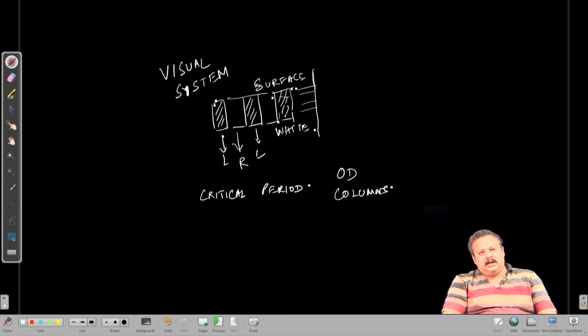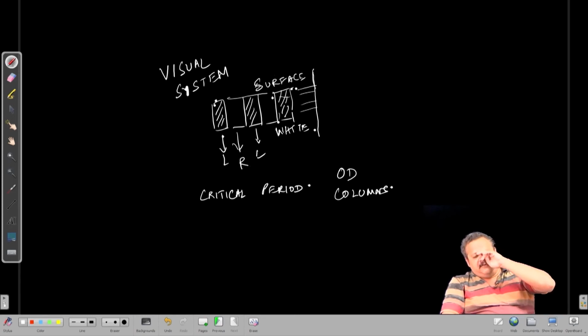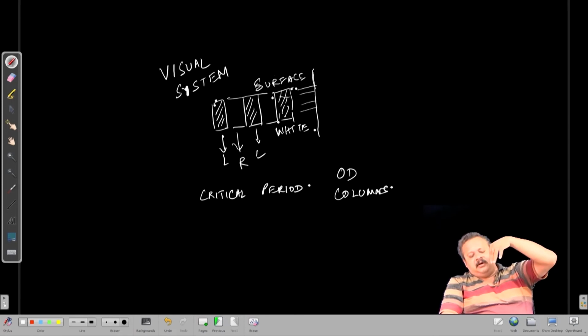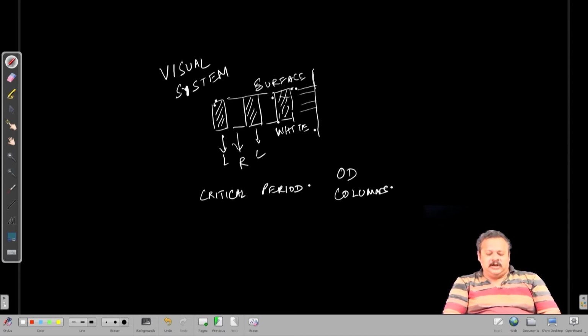So, this is again another case of structural plasticity due to lack of activity of inputs from one particular eye, and hence that is translated across from the retina to the LGN, which is the thalamus of the visual system, and into the visual cortex, where these ocular dominance columns normally form.